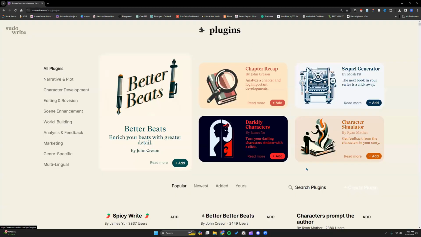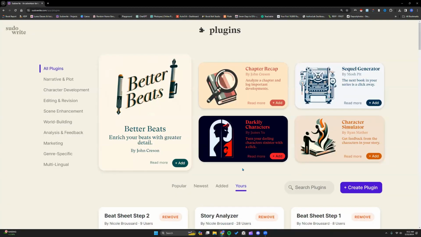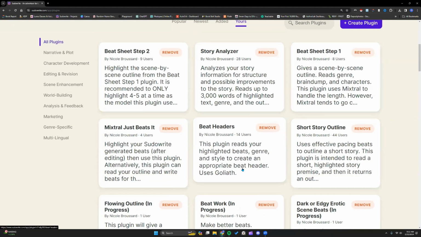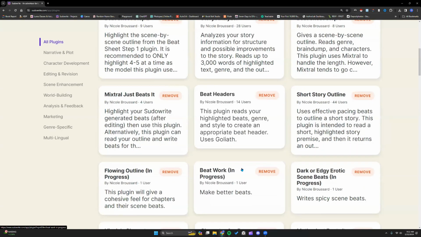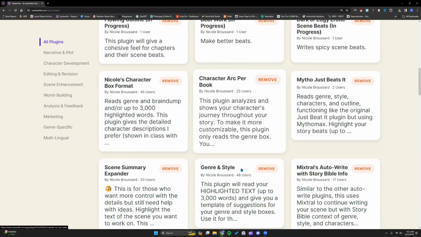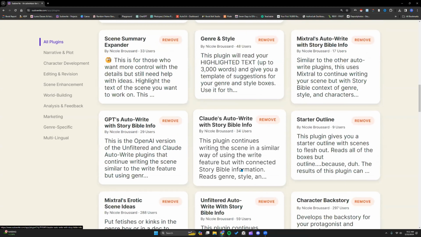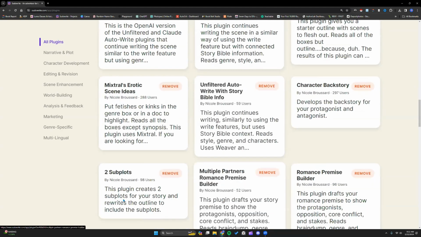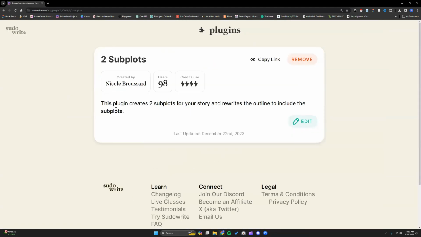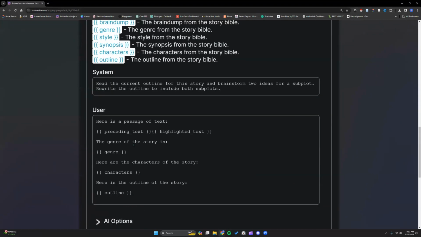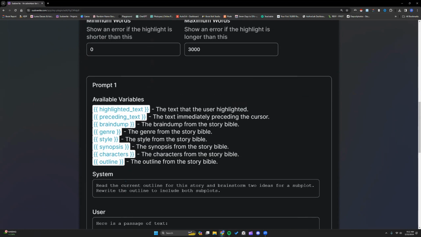Let's see what we can do next. So we did the brainstorm idea, created a series from it. Let's add some subplots, but I don't know if we can. This one reads preceding text, genre, characters, and outline.